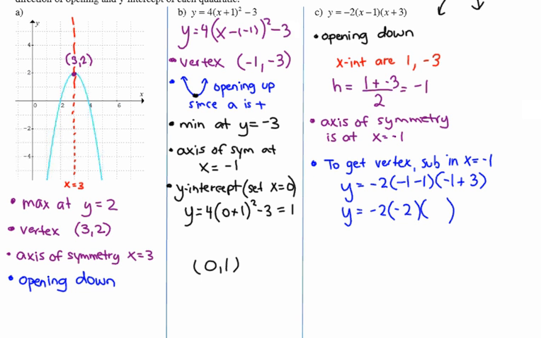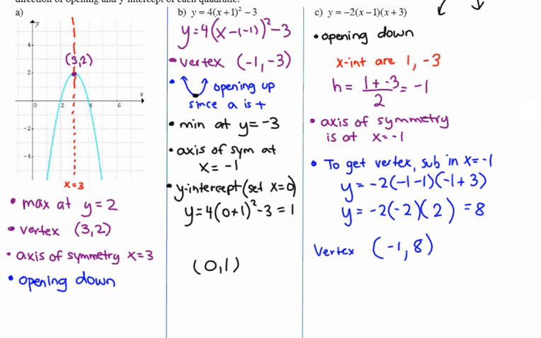And negative 1 plus 3? Two. Okay, so you just have to multiply these together. What's negative 2 times negative 2? 4. And 4 times 2? 8. So what's my vertex at? X was negative 1, y is 8. So a little bit more work to get our vertex when it's in factored form.